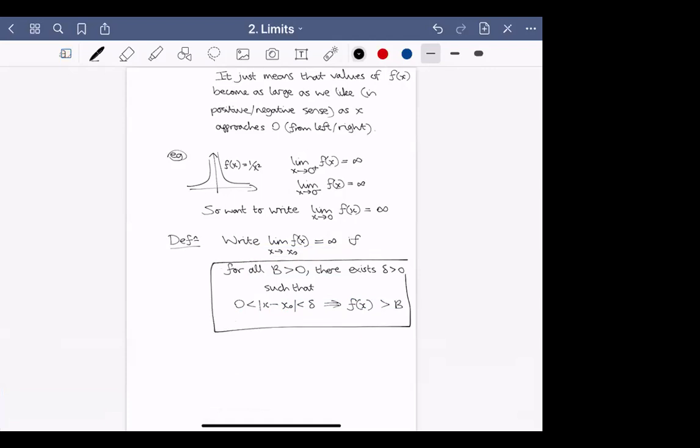So the idea here is that for any b, however big that b is, I can make x close enough to x0 so that the value is forced to be bigger than b.